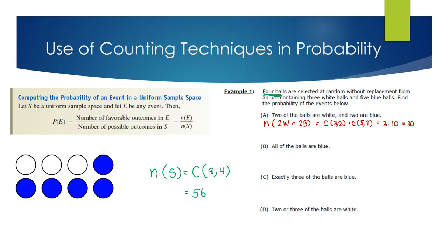The number of possible outcomes is going to be the product of those 2 combinations. So based off of this, there are 30 possible outcomes where I have 2 white and 2 blue, and that's 30 out of 56, which gives me about 0.5357. That's the probability.